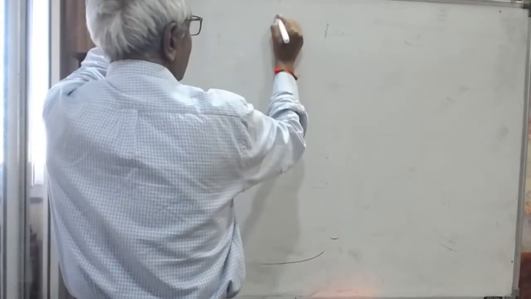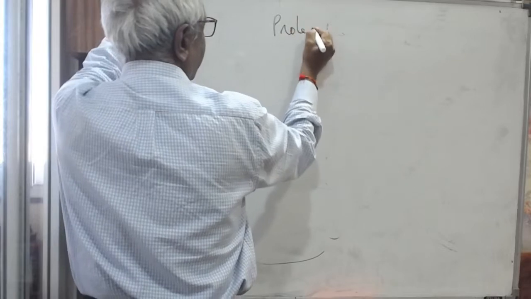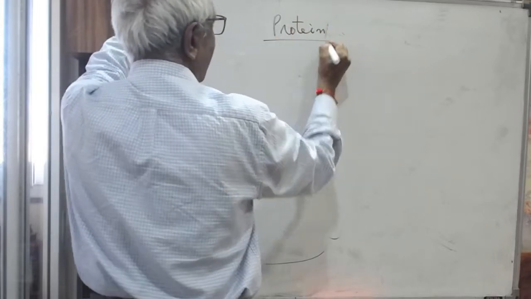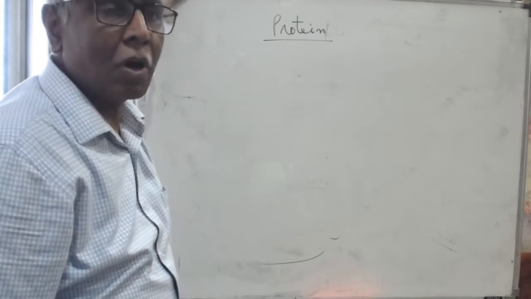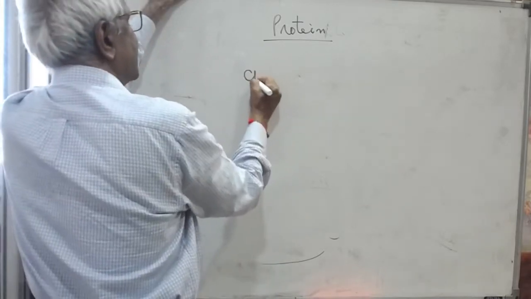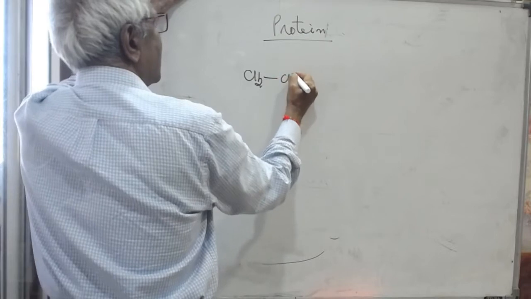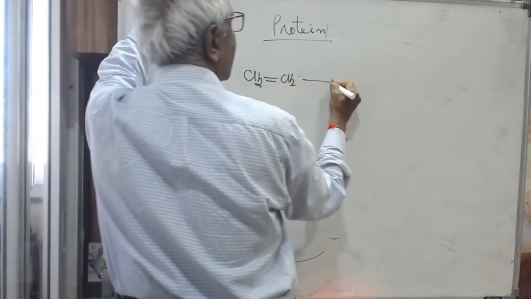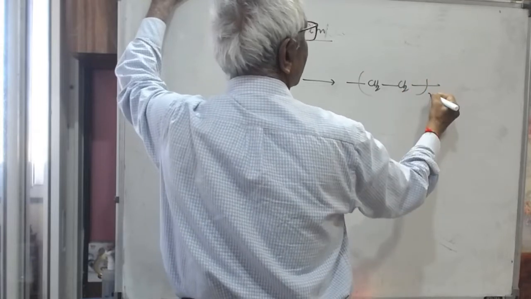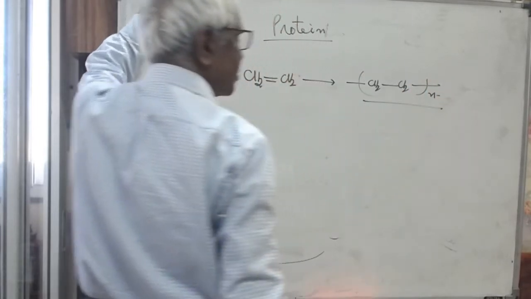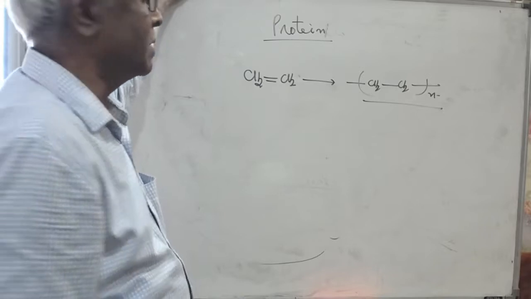What is protein? Protein is a polypeptide. Protein is a macromolecule. Protein is not a polymer. What is the difference between a macromolecule and a polymer? This is ethylene. When I polymerize it, I get polyethylene. Where the same repeating unit is there, that is called a polymer.